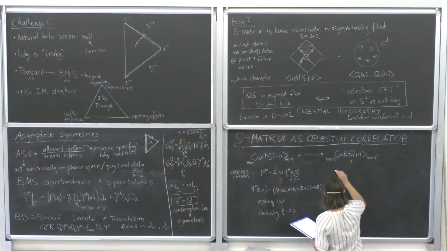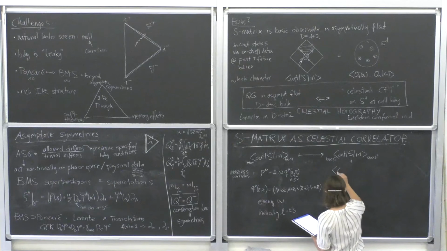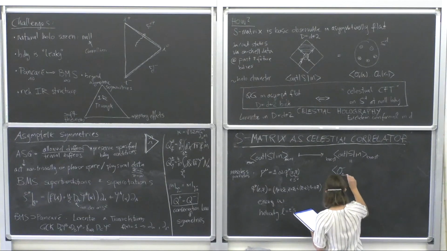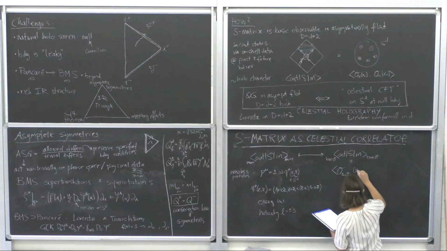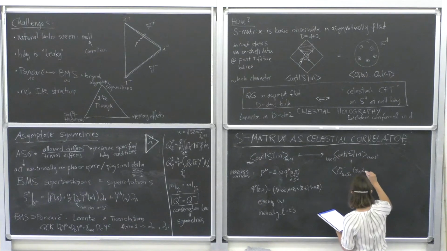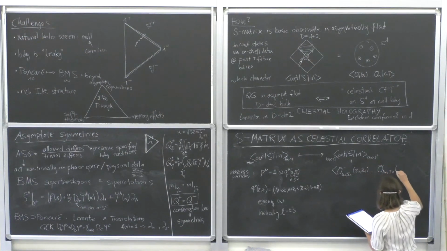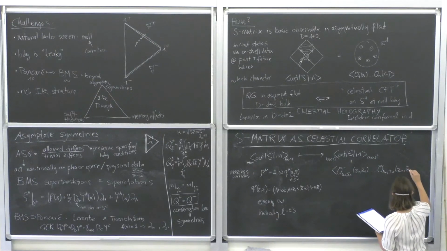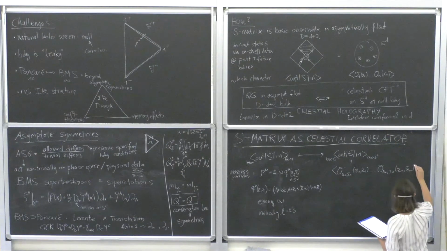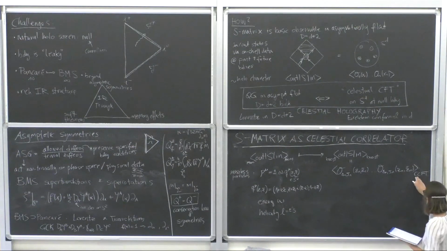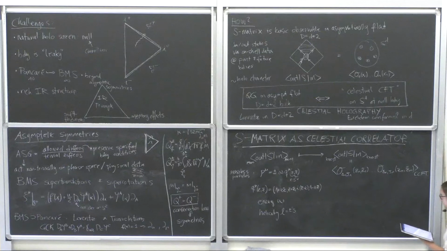So what we would like to find here is that the S matrix recast in this new basis looks like a correlation function of operators O that are inserted at these points z and z bar, as I've drawn up there. So this is supposedly how this looks like in celestial conformal field theory, abbreviated CCFT.